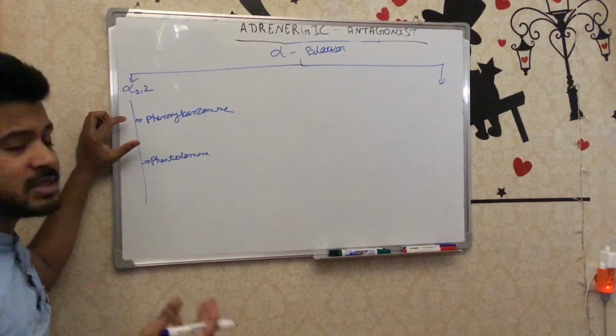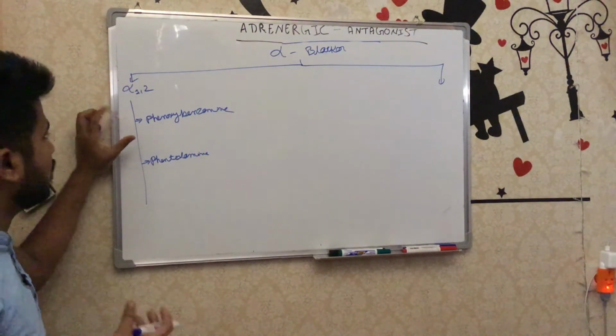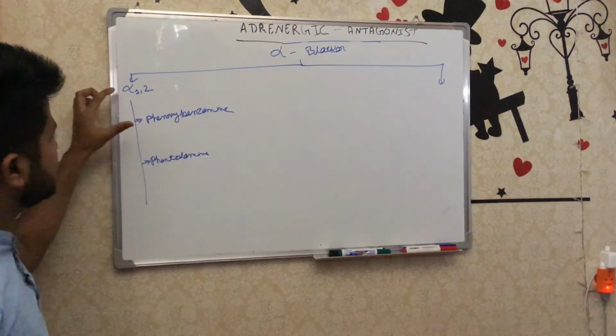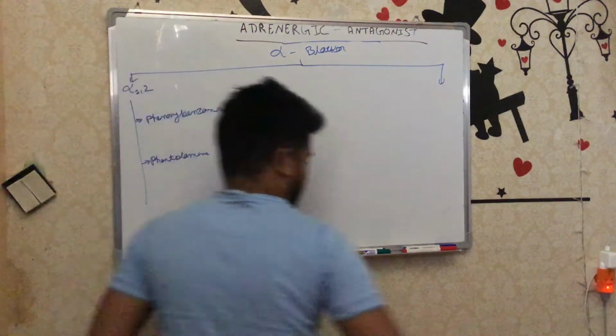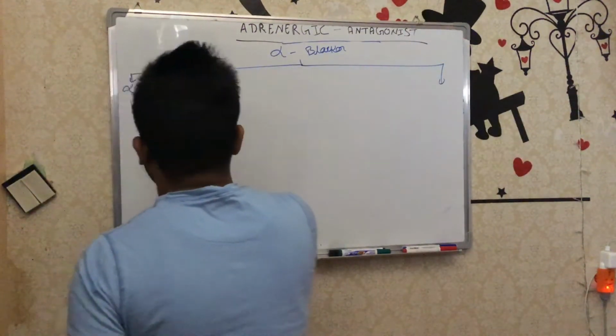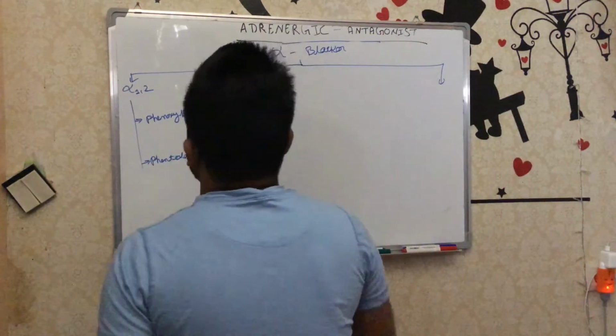But if you increase the concentration of the drug, it can block the alpha adrenergic receptor also. But it's not special for blocking the alpha receptor. That's why we will not discuss those drugs here. The typical ones which block the alpha receptor are only these drugs. This is non-selective.